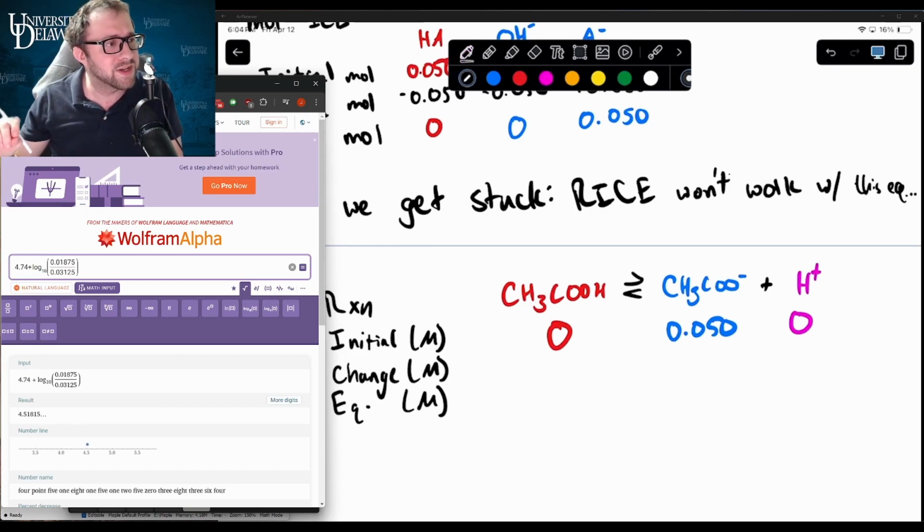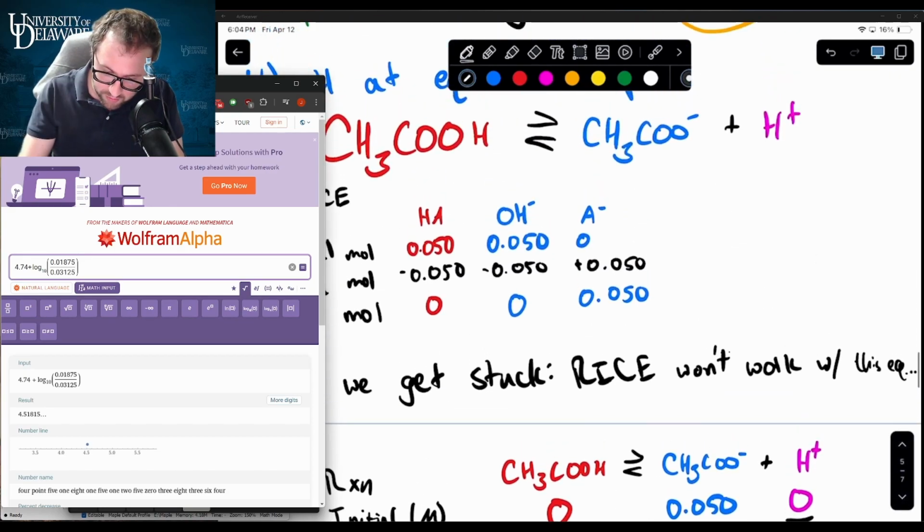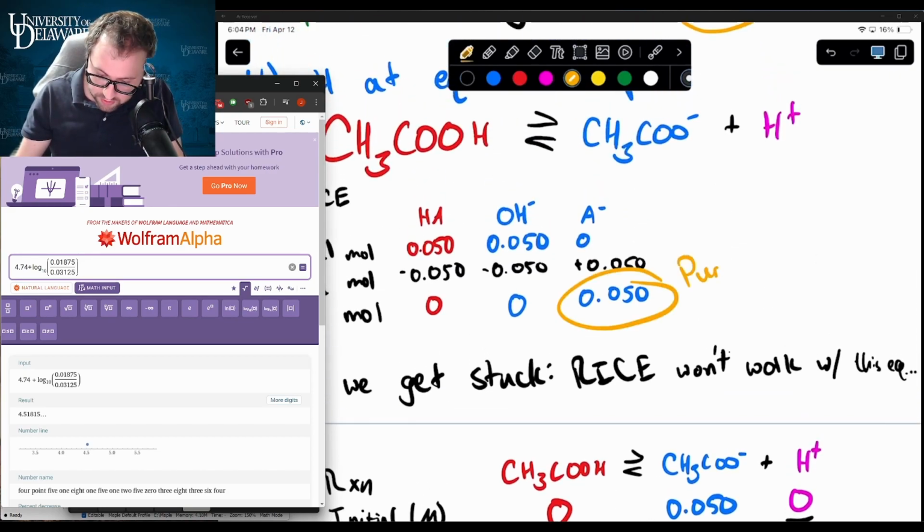Because now our next question is, which direction does this equilibrium go? Well, we have no reactants, so it'll go to the left. But we also have no products, so it'll go to the right. And the answer is obviously neither of these. This isn't the equilibria we're looking at. We're not looking at a weak acid dissociating anymore because we're looking at a pure weak base now, AKA the conjugate.